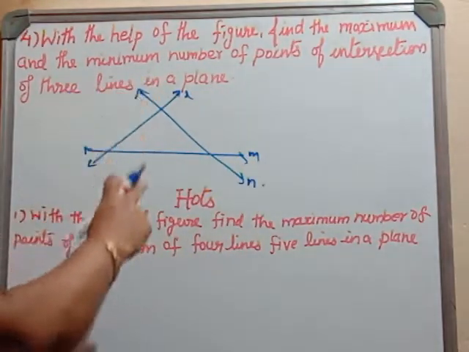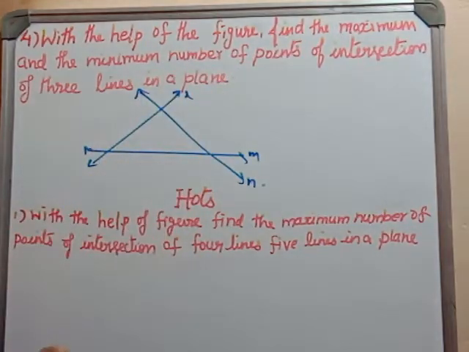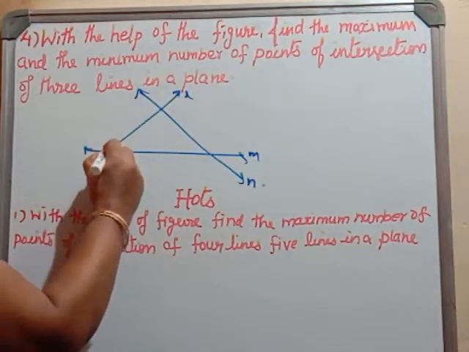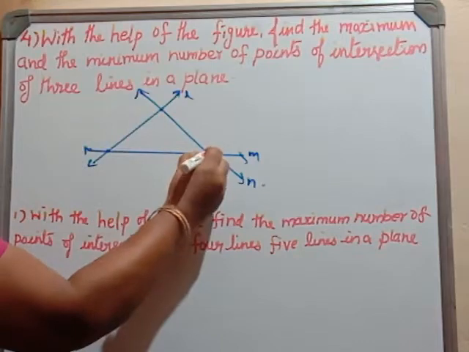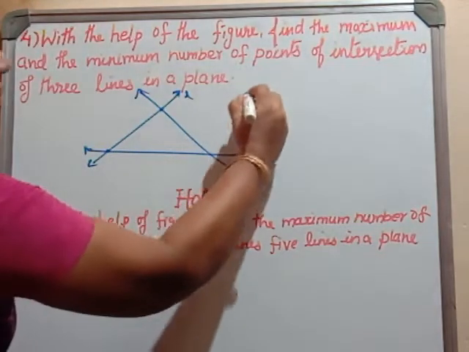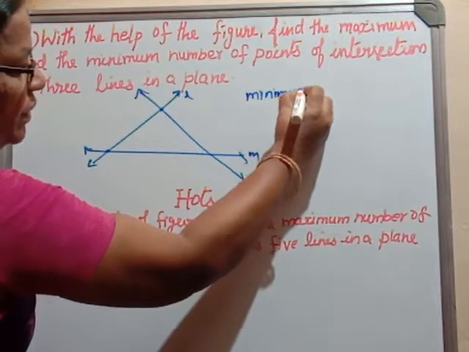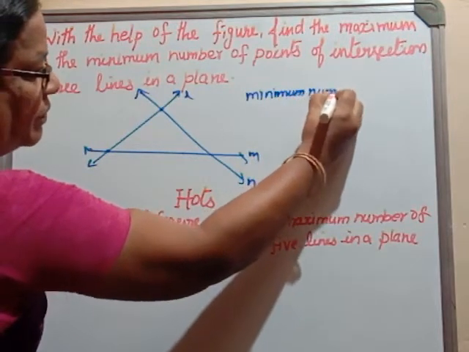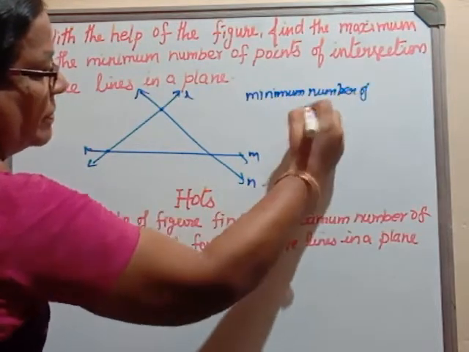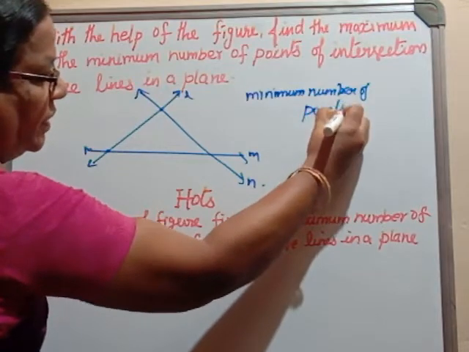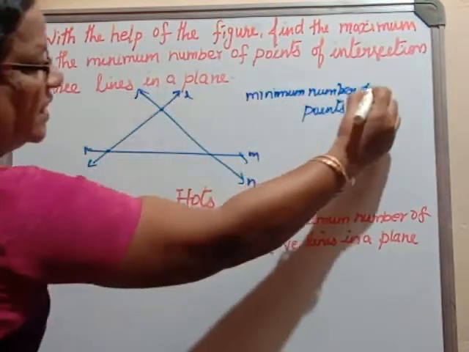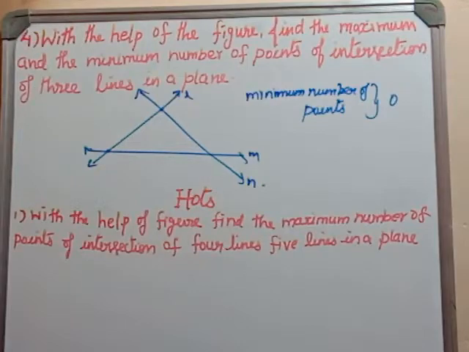They are asking what is the maximum number and the minimum number of points. Minimum number of points, we can consider 0 as the minimum.